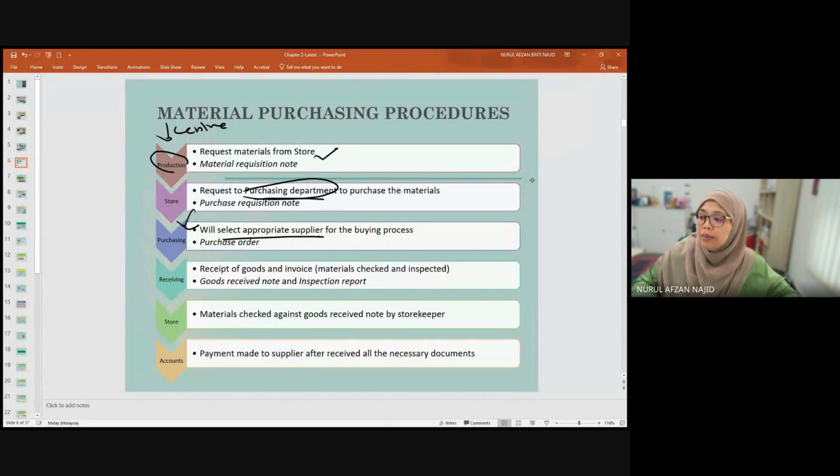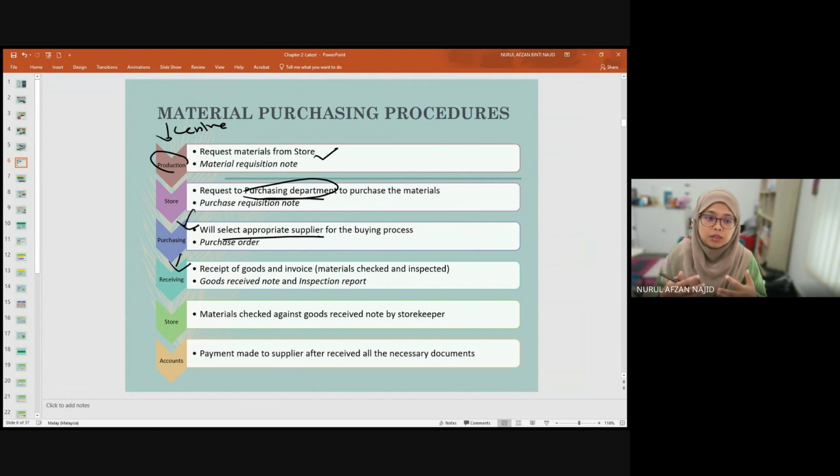Okay, then bila purchasing department dah beli, dah call, dah buat order and so on, akan pergi kepada receiving department, and the receiving department are responsible to check whether the material yang kita terima tu sama tak dengan yang kita order. So dia kena buat inspection.